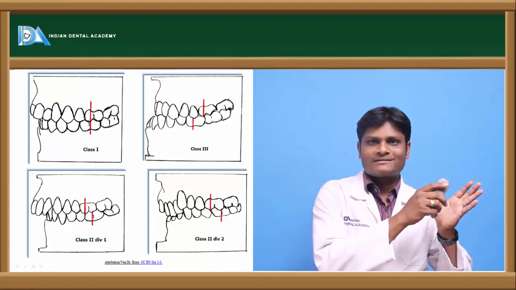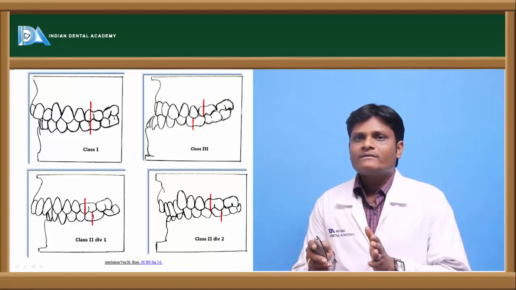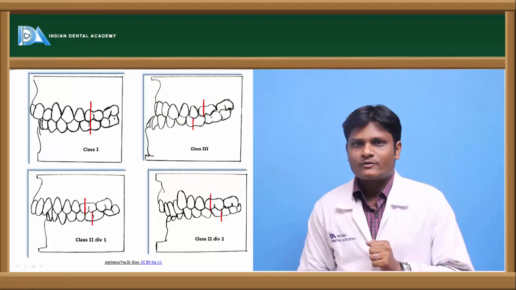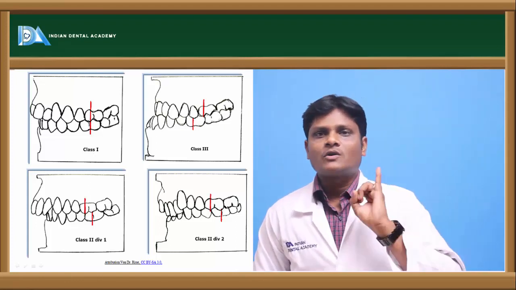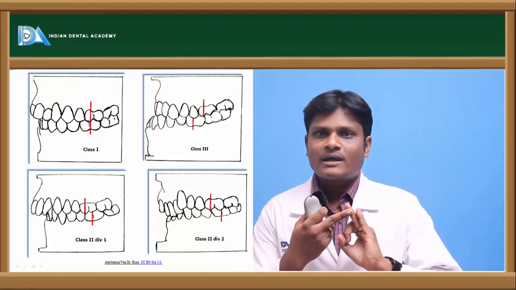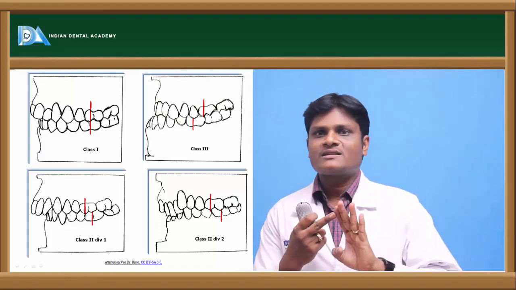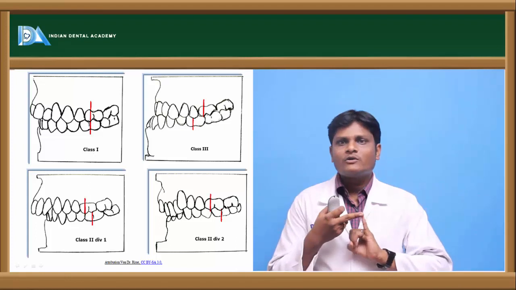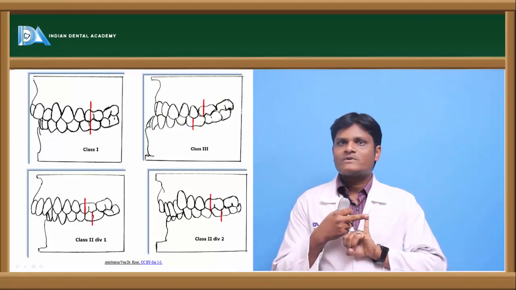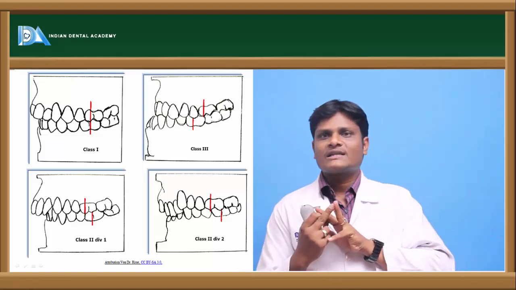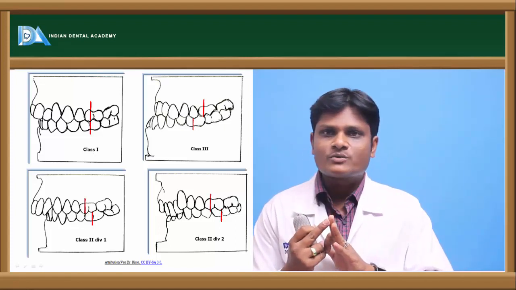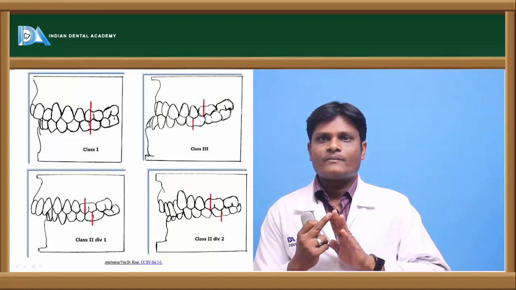Leaving the normal occlusion aside, we have three types of malocclusion. Actually, Edward Hartley Angle classified occlusion into normal occlusion, class 1 malocclusion, class 2 malocclusion, and class 3 malocclusion. I have already told you about Angle's line of occlusion, which comes under normal occlusion. Now we will be discussing about what is class 1 malocclusion, class 2 malocclusion, and class 3 malocclusion.